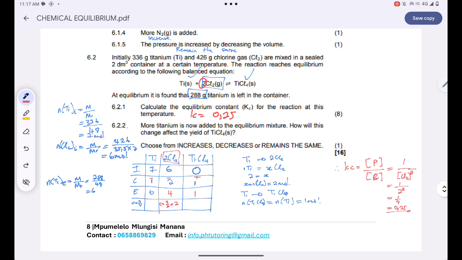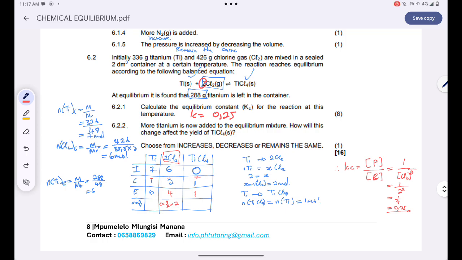More titanium is now added to the equilibrium mixture. How will this change affect the yield of titanium chloride? Choose increase, decrease, or remain the same. Remember that, guys, the factors that can affect equilibrium are concentration, temperature, and pressure. Are you together?